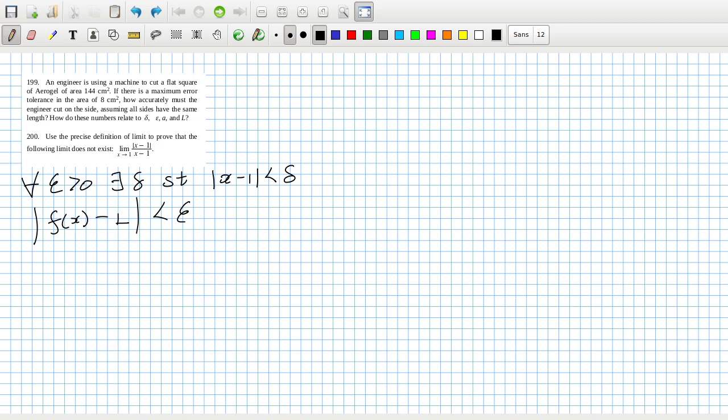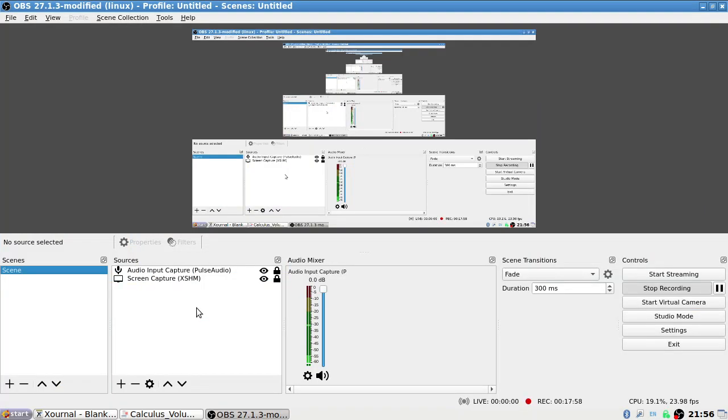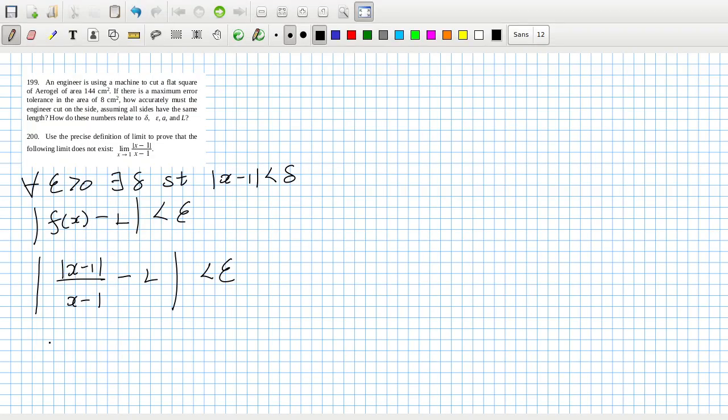I need to choose an epsilon here that shows that this can be false. So okay, let's think about this. Okay, let's consider the case when x minus 1 is positive.